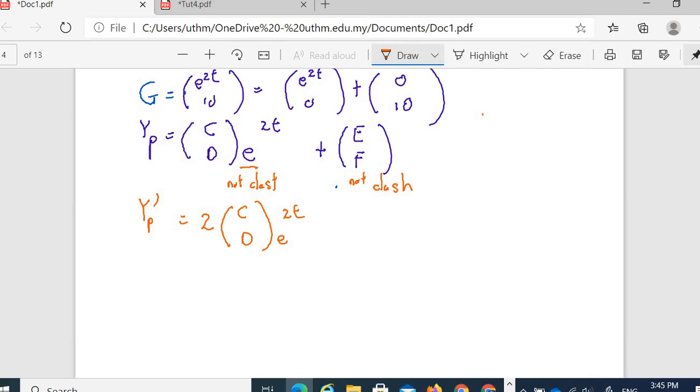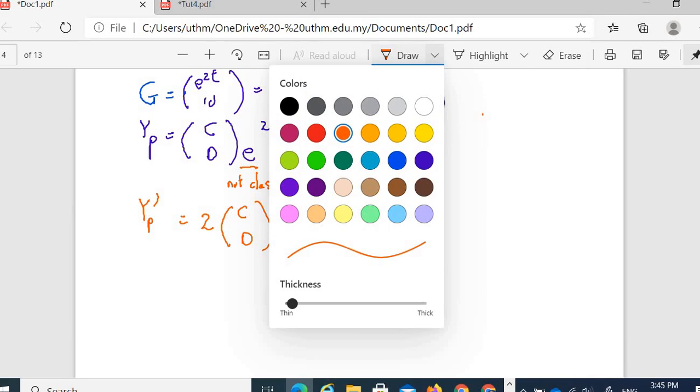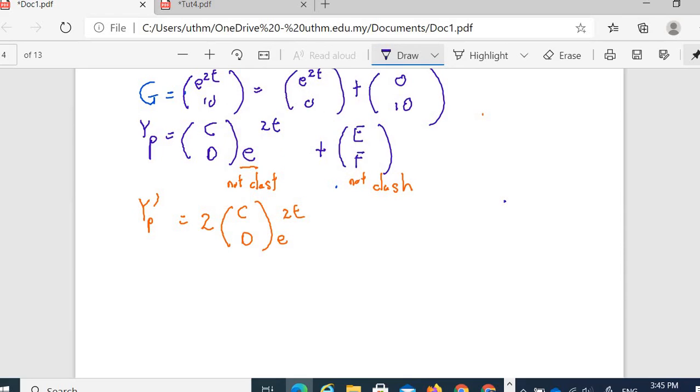The y prime p will be plugged into our non-homogeneous system y prime equal to A y plus g. Y prime is actually 2 times your c, d exponent 2t.